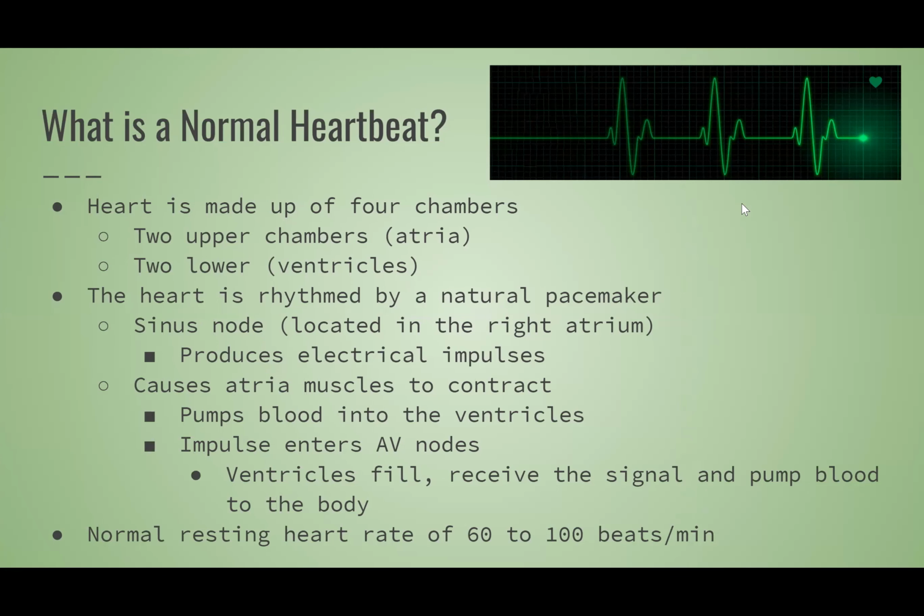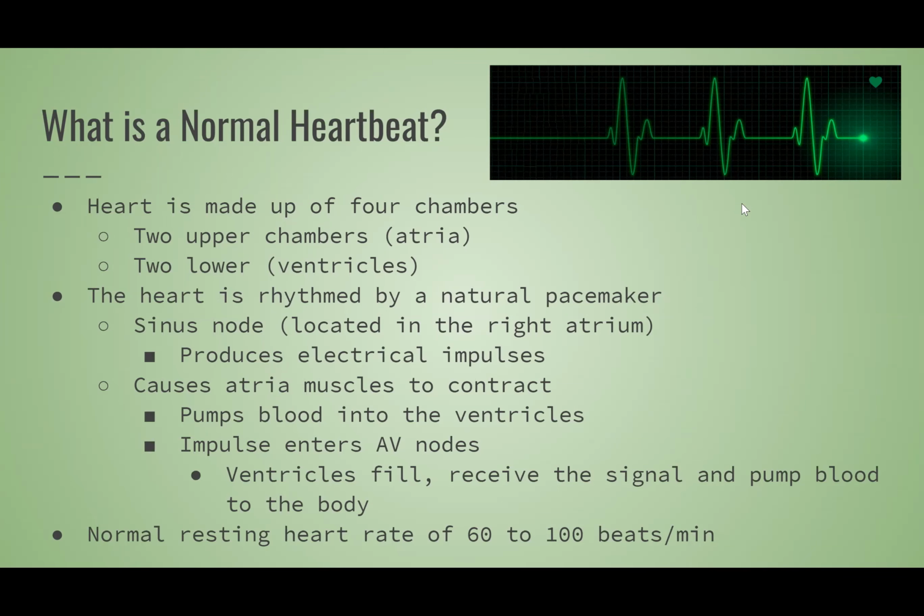So now, what is a normal heartbeat? The heart is made up of 4 chambers. There's 2 upper and 2 lower. The 2 upper chambers are called the atria, and the 2 lower are called the ventricles. The heart has a natural pacemaker to control the heartbeat, and this is called the sinus node.